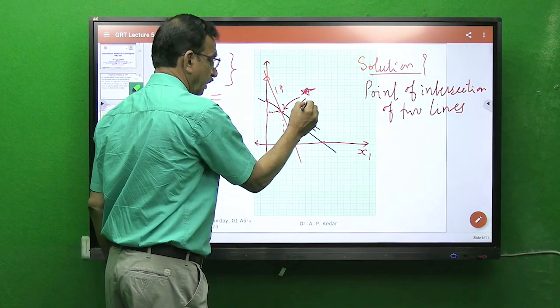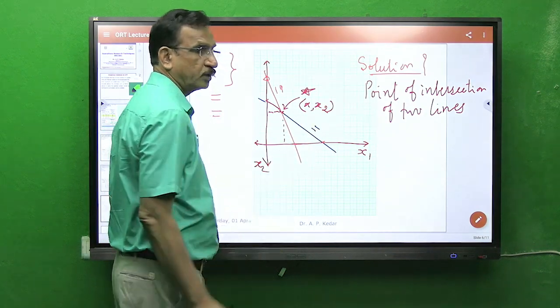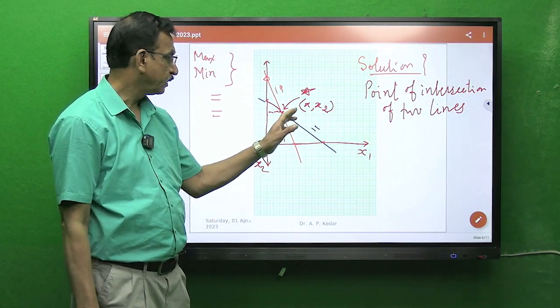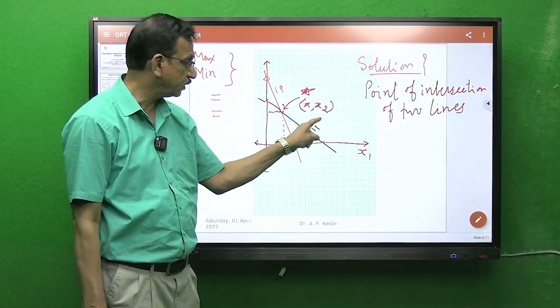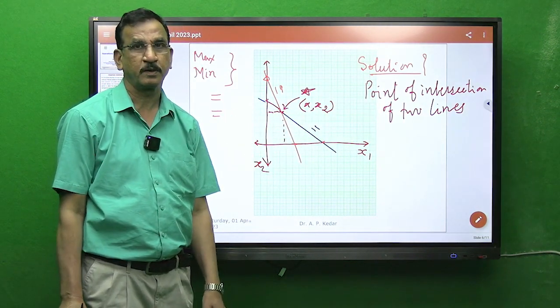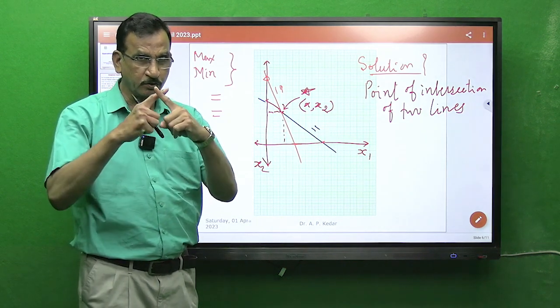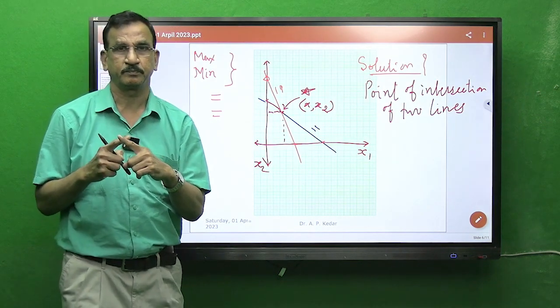I will get the x1 coordinate for this point, and the x2 coordinate for this point. Clear? Whatever point of intersection you get when the equal to sign is there, your solution will always be the point of intersection of these 2 lines. That you have to keep in mind.